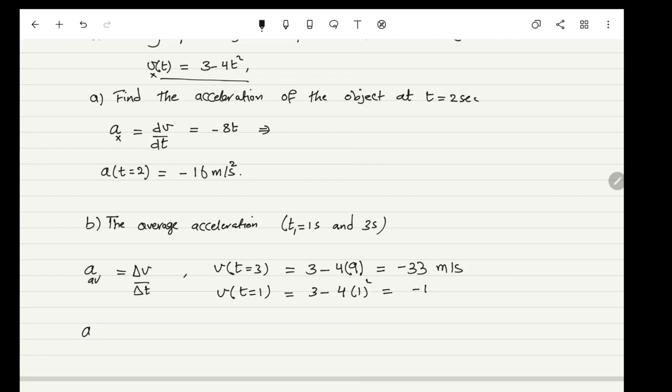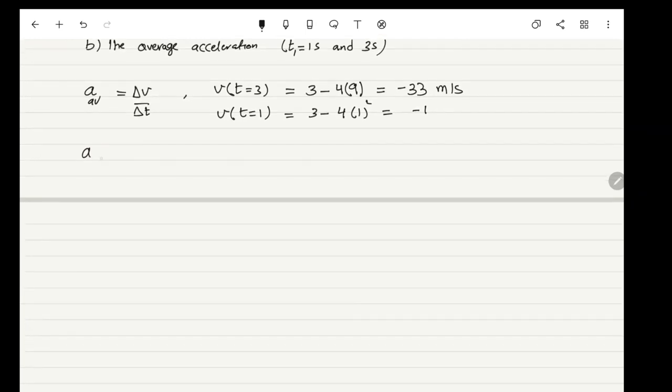So the average acceleration in this case equal to minus 33 plus 1 divided by 3 minus 1, which equal to minus 16 meter per second square.